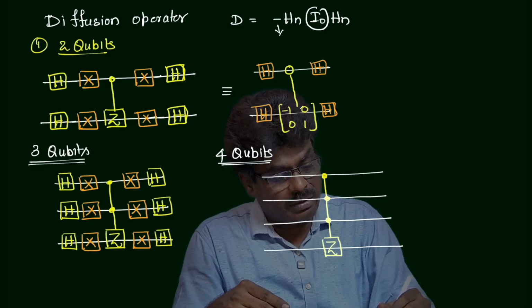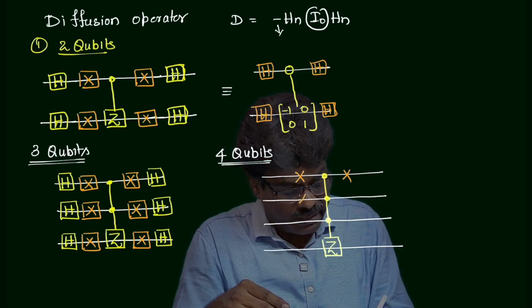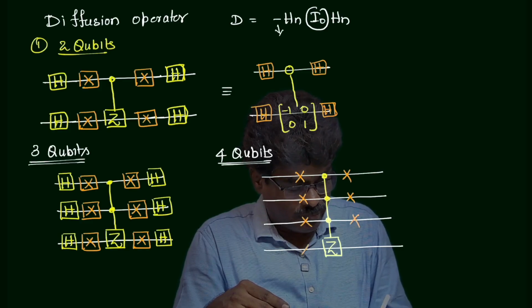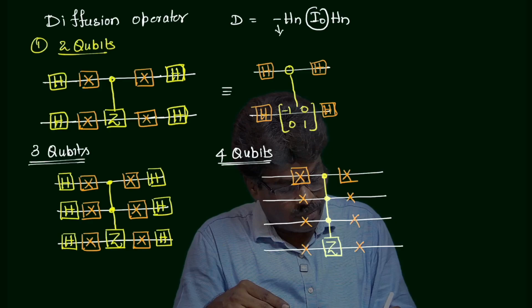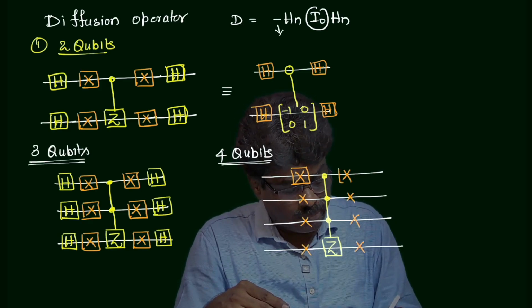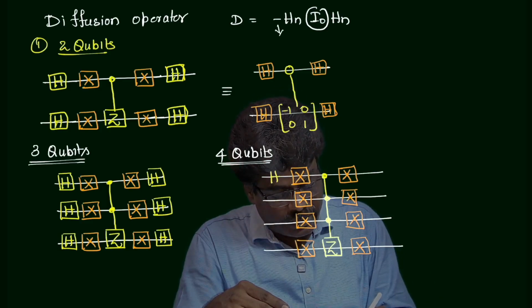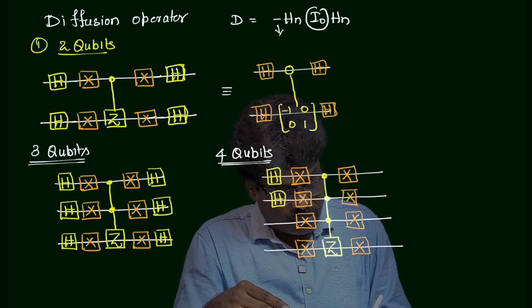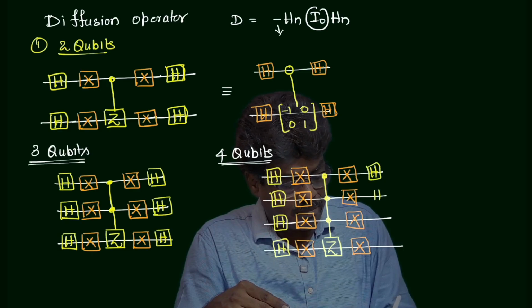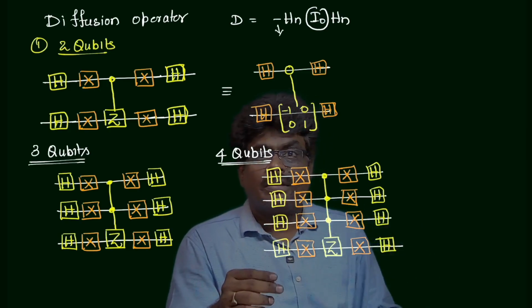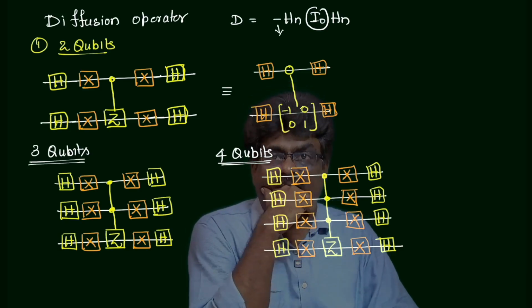And after that, on both sides, we have Pauli X gates. And after that, Hadamard gates. That's it. Okay. So like this, we can construct the diffusion operator.